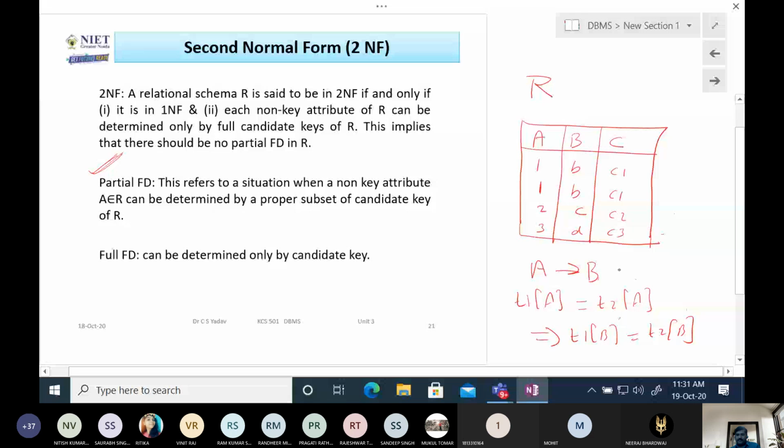Sir, true. See, if we take these two tuples T1, T2, they agree on A and agree on B also.